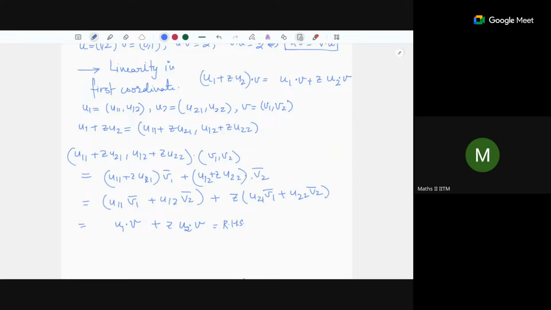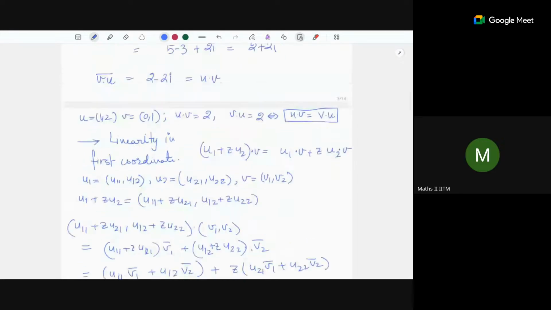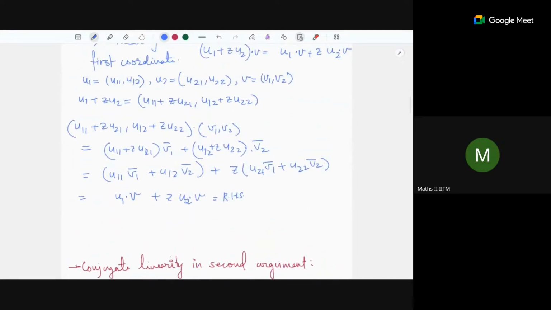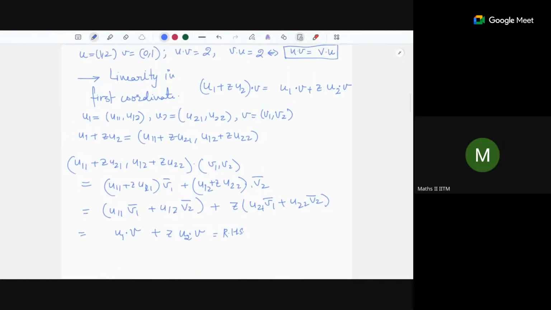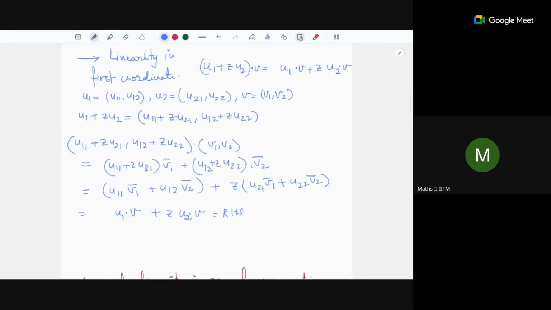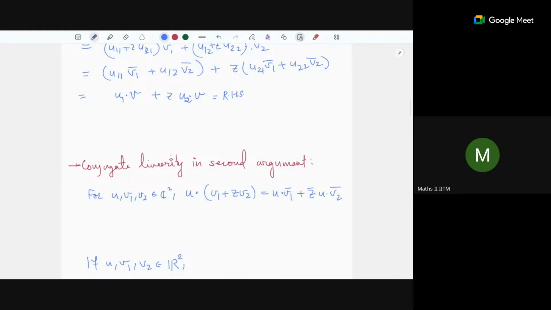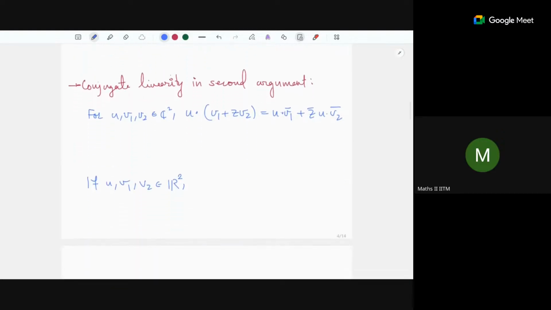Now, using the first and the second property, the linearity and the conjugate symmetry, what we can show is that it is conjugate linear in the second coordinate. That is what I'm writing over here. And what does this mean?